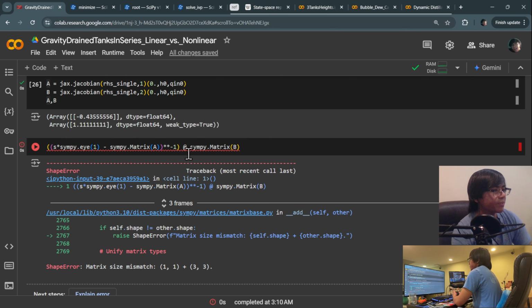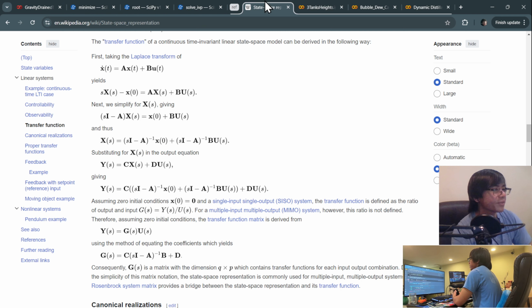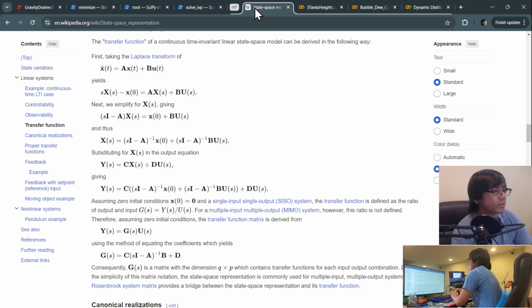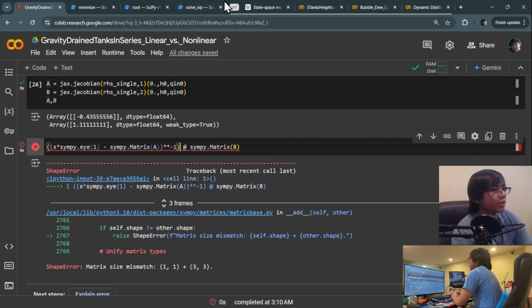I don't know what I was saying, but I'm confusing myself. So S times I, A, B matrix A, that's right. The -1, that's our inverse. And we do matrix multiplication. Okay.